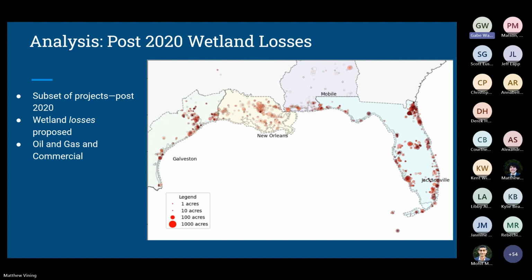We're thinking about subdivision development, urban sprawl, if you will. And then if we look in the New Orleans and Galveston district, as I mentioned earlier, that's where we see a large proportion of the impacts related to oil and gas development. Next slide here.